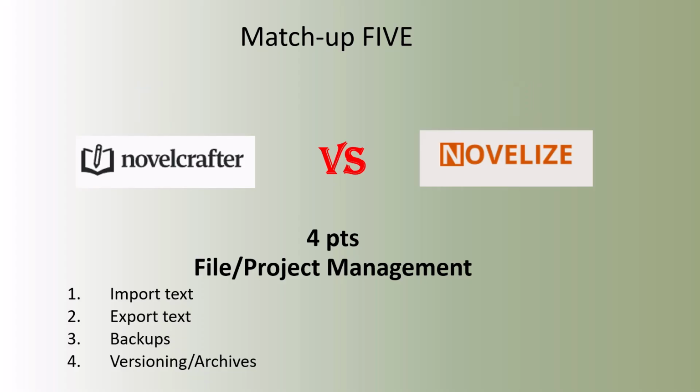So overall, that means Novelcrafter is going to end up with 20 points, and they are going to be our winner over Novelize, which ends up with 18 points. Both of them have very similar functionality when it comes down to the very end of it, although they handle things in a slightly different way, and their feel is different just because of their graphics.